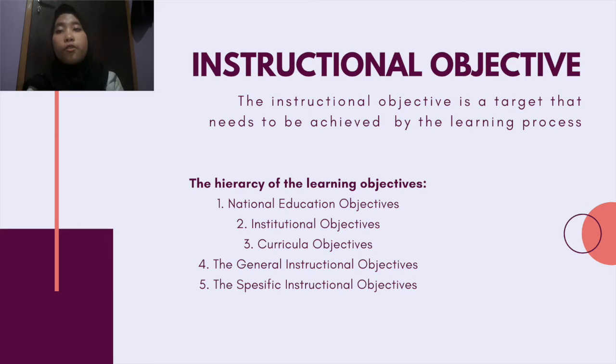The audience of course is the student, and the behavior is a specific behavior that is expected of the student. The condition is something that needs to be done by the students to achieve the behavior, and the degree is like a minimum standard of it.